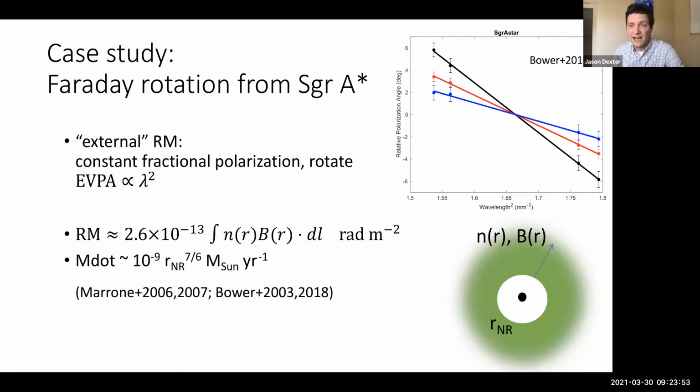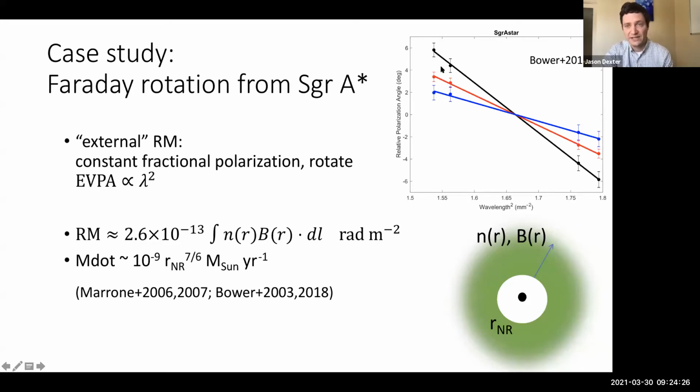So the idea of the external Faraday rotation measure is motivated for the galactic center because if you measure the EVPA, shown in relative terms in a plot from more recent ALMA data on the top right, then you can see that at 4 different wavelengths, plotted as wavelength squared here, a straight line provides a good fit to these data points, meaning that this would be the external RM model where the EVPA goes like wavelength squared.